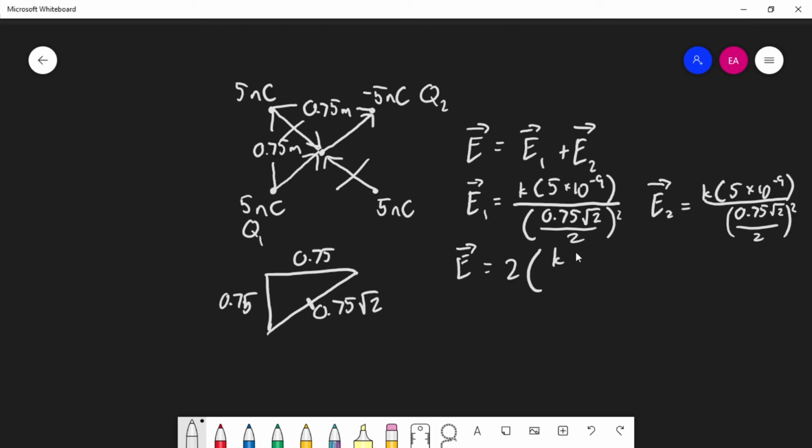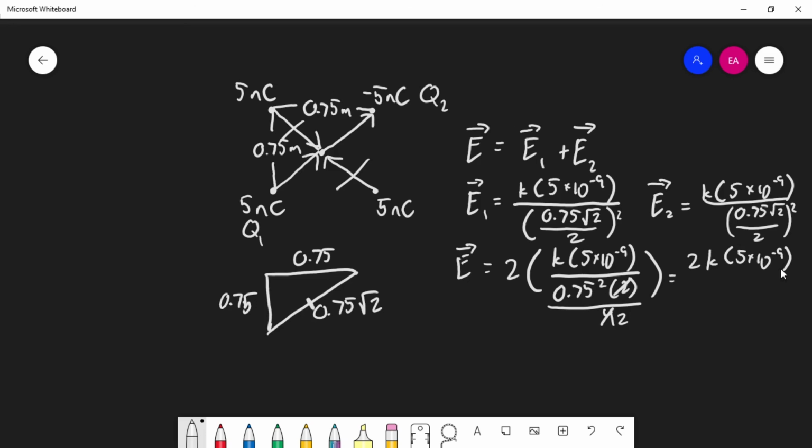This is K times 5 times 10 raised to negative 9. If we square this, it becomes 0.75 squared times 2 over 4. And that's equal to, this then becomes 2, this becomes 2K times 5 times 10 raised to negative 9 all over 0.75 squared and multiplied by 2.